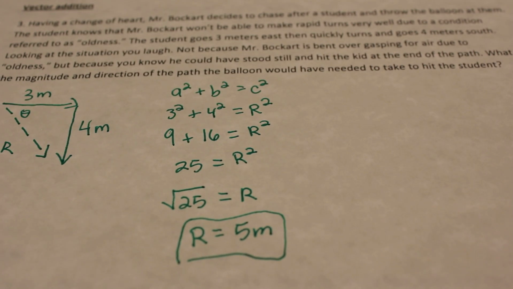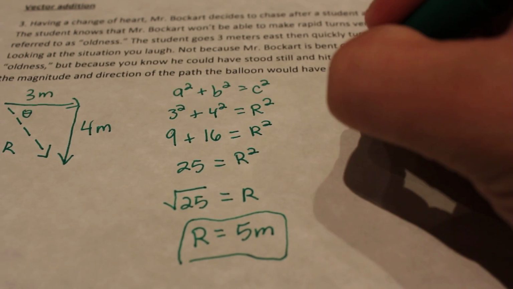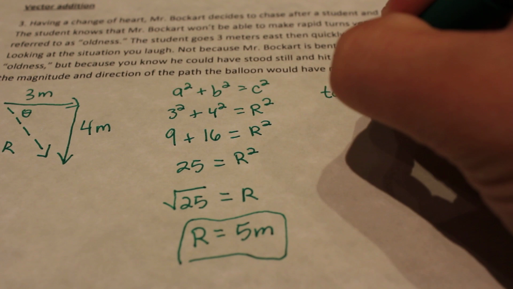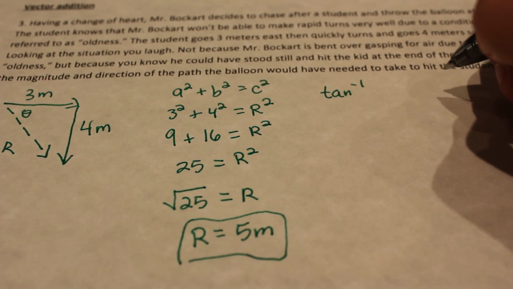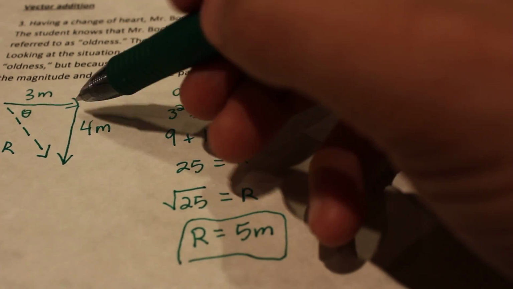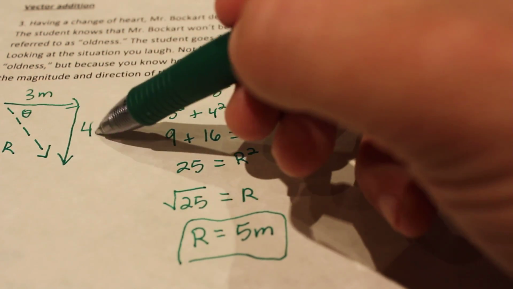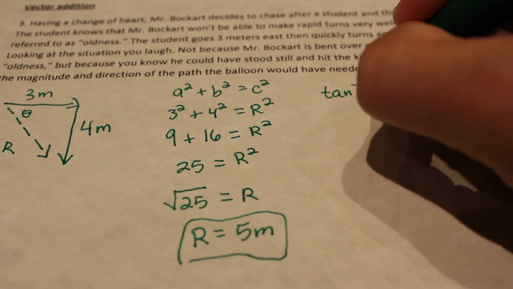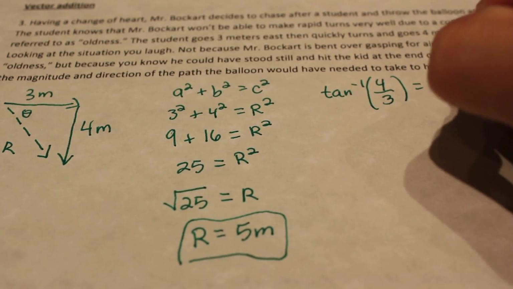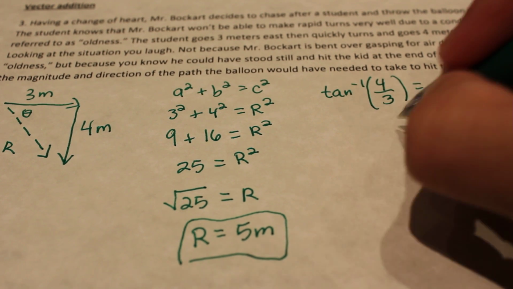Now we need to find the direction. To find the direction, we're going to use the inverse tangent of the opposite side over the adjacent. Looking at our angle, the opposite side is 4 meters. The adjacent side is 3, and this will give us theta.